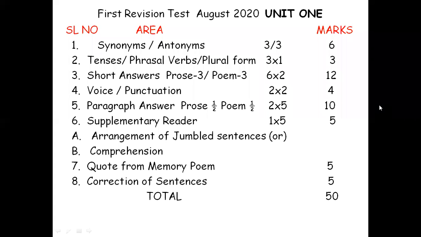So rearrangement of jumbled sentences, or B is comprehension. Comprehension is a passage from the text followed by 5 questions. You'll have to answer 5 questions. So whether arrangement of jumbled sentences or comprehension, that is an internal choice.